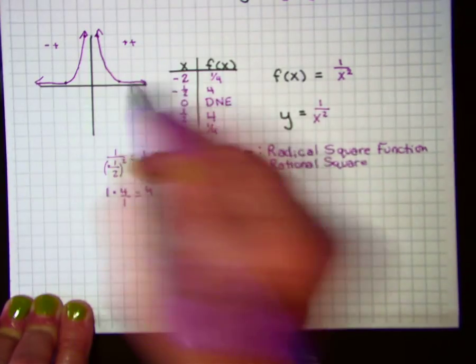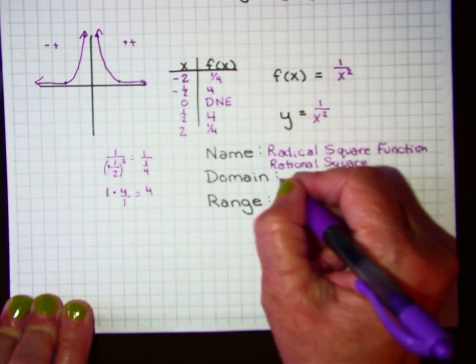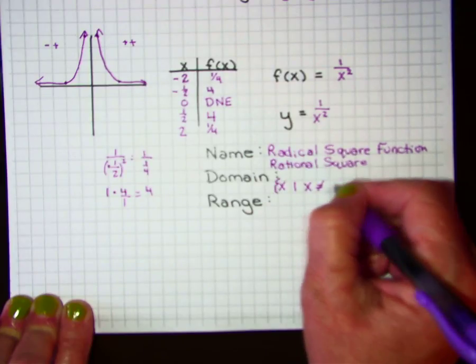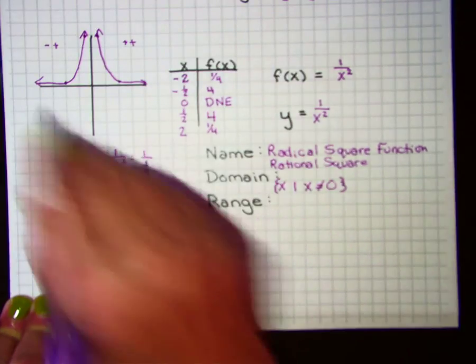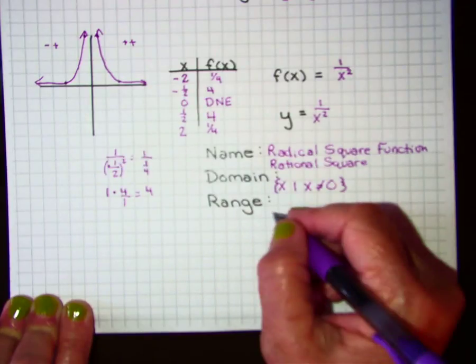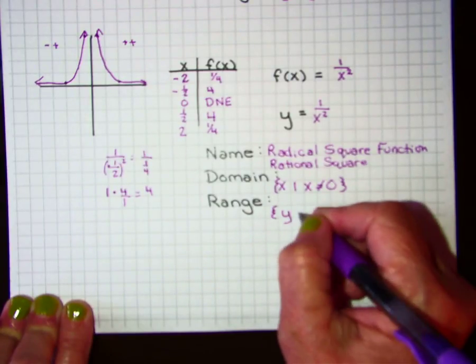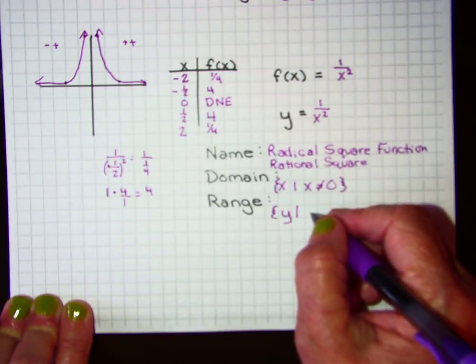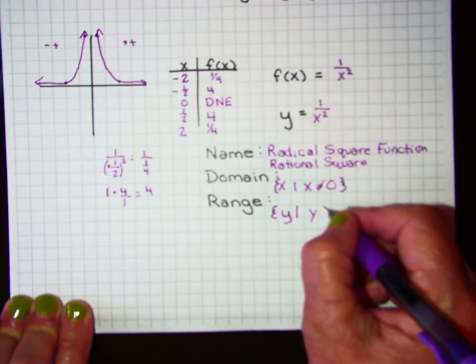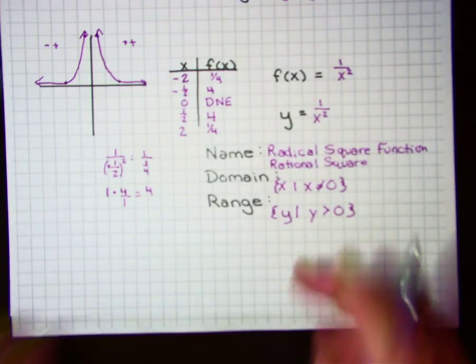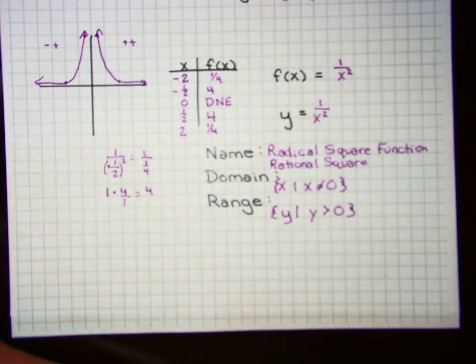The domain for this is, again, x such that x cannot equal 0. It can equal everything but 0. Our range will be y such that y is always greater than 0. Okay, and those are our 10 parent functions.